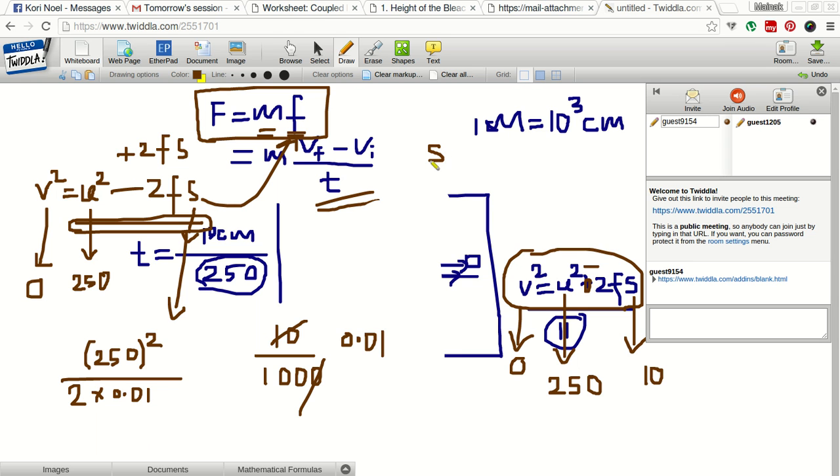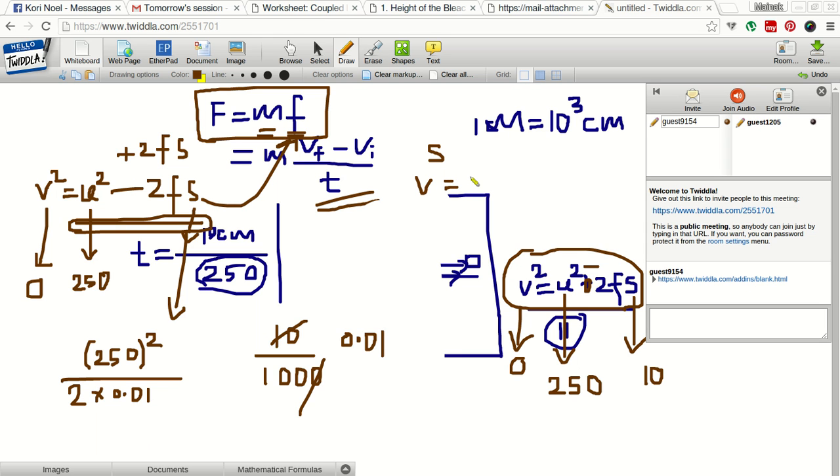Now let's just assume that, instead of the distance of 10 centimeter given in the question, the final velocity is given. You already know the initial velocity to be 250 before entering the wall, and let's say the final velocity is given, maybe 0.